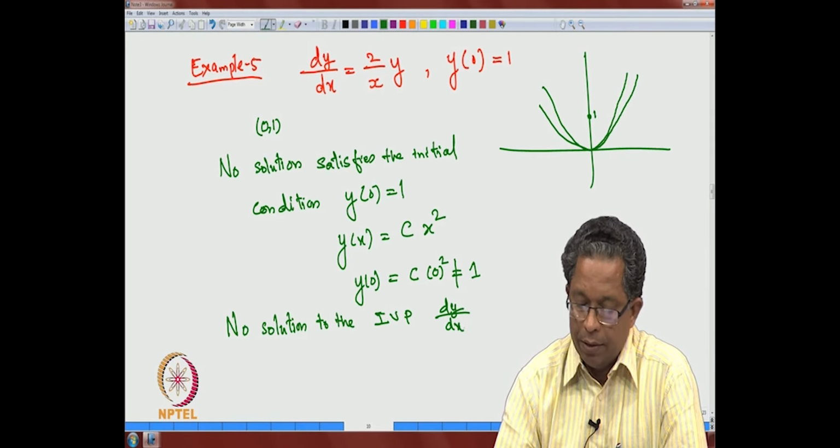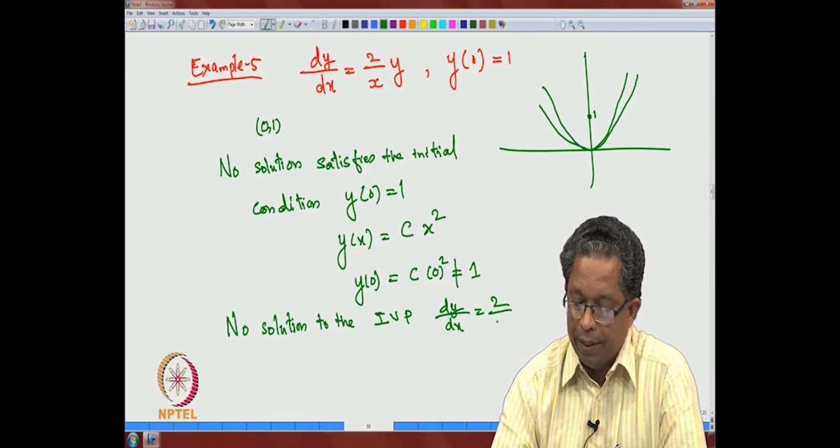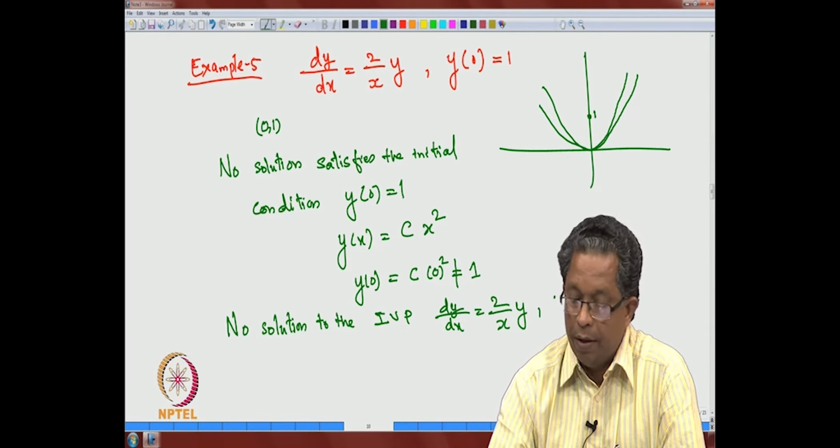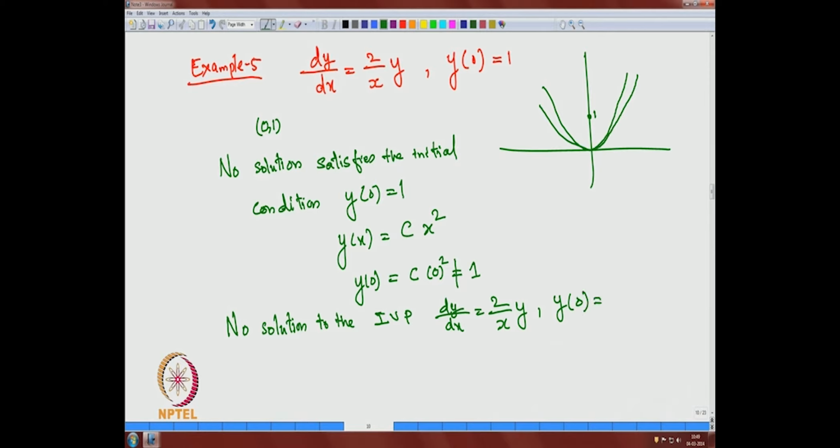dy by dx is equal to 2 by x y, with the initial condition y at 0 is equal to 1.